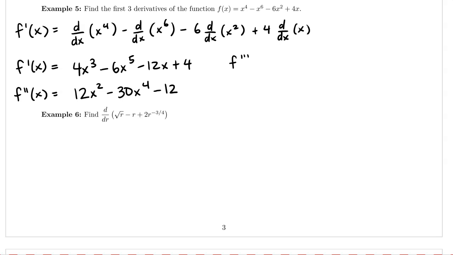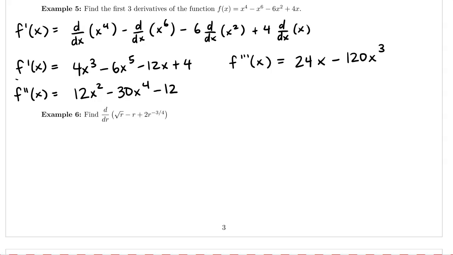From here, we can find the third derivative, f triple prime of x. And again, I'm going to use the power rule on each of these terms. So 12 times 2 is 24. And then x, if I decrease the power by 1, my new power is 1, minus 30 times 4 is 120, x cubed. And then the derivative of 12 is 0.